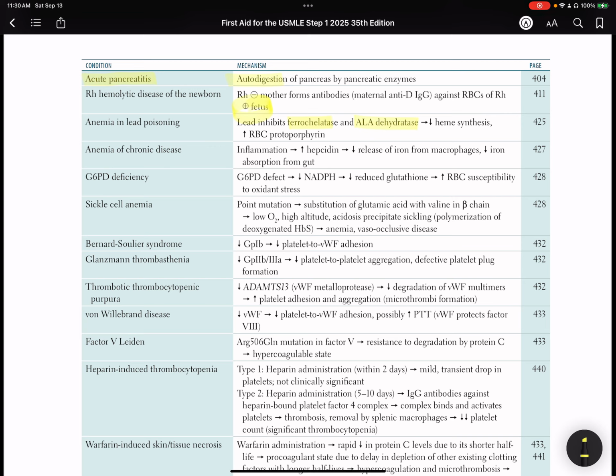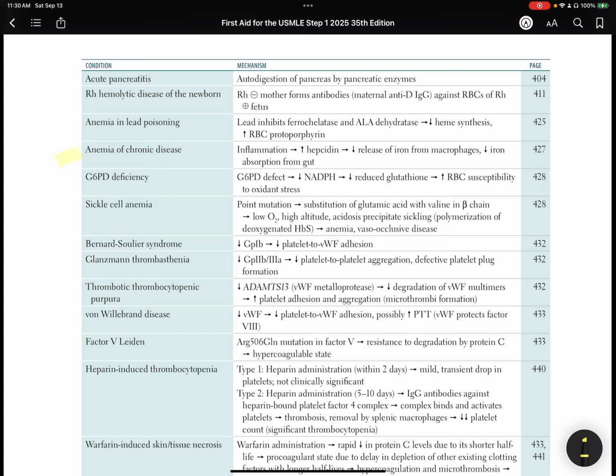This causes decreased heme synthesis, which leads to increased RBC protoporphyrin.